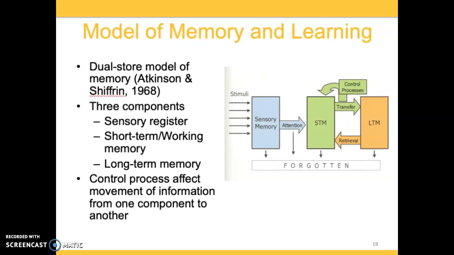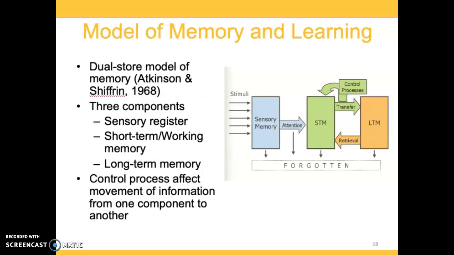This model of memory and learning was proposed in 1968, so it has been around for a while. According to this model, there are three components of memory: sensory memory, short-term memory, and long-term memory. Your memory moves from the sensory memory to short-term memory, and from short-term memory to the long-term memory.